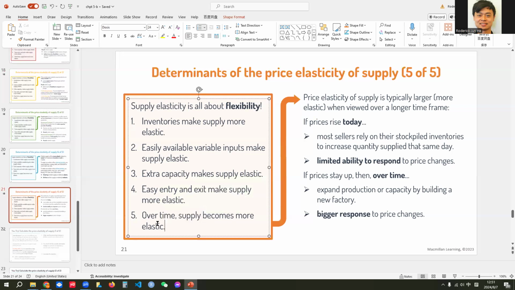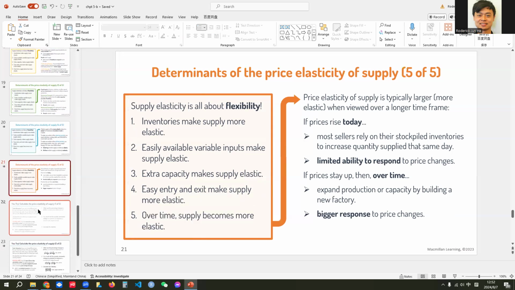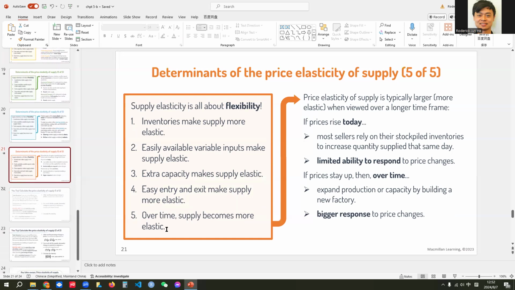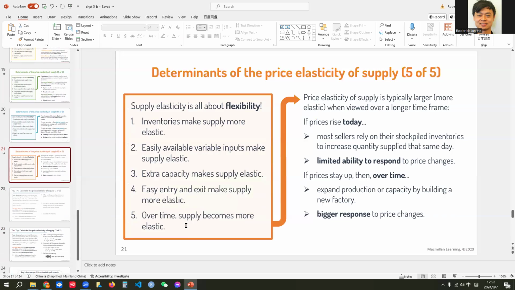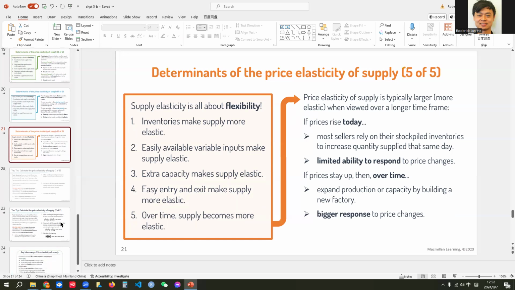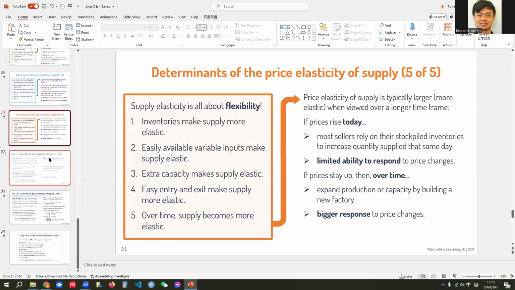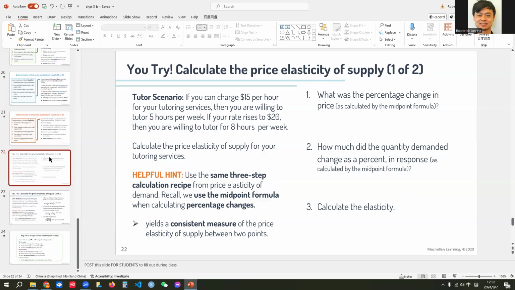We can have more wiggle room to arrange our production to respond to the price change. Or we can even allow for enough time to do, say, technological improvement, to do our research and development, right? So as to meet the need implicated by the price increase, say. So that's the determinants of the supply.